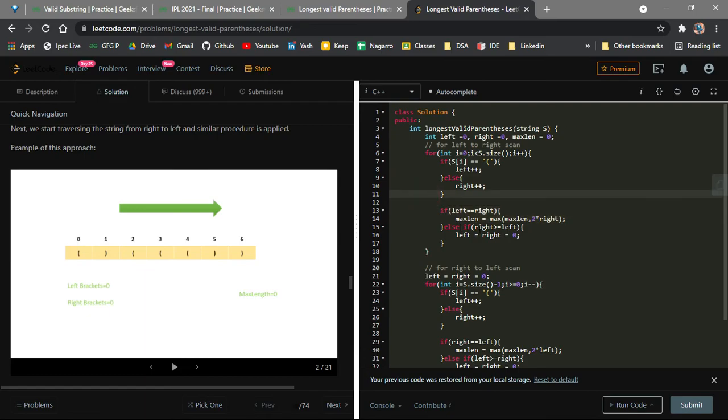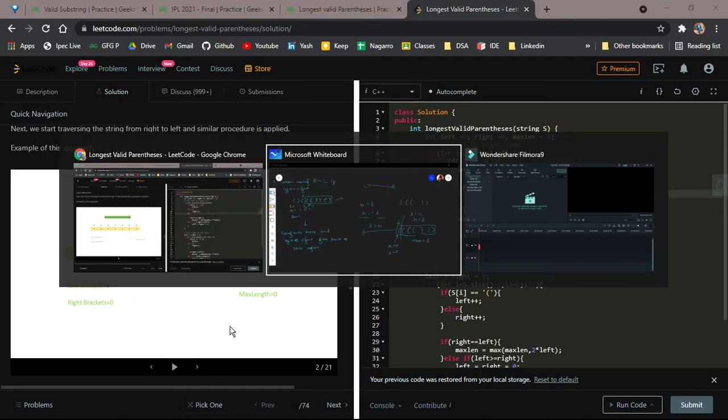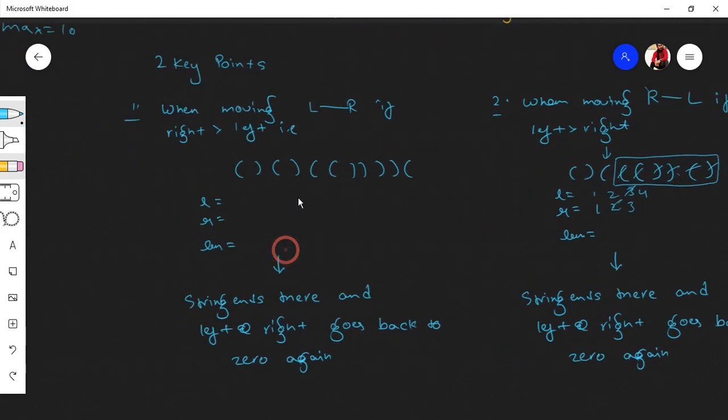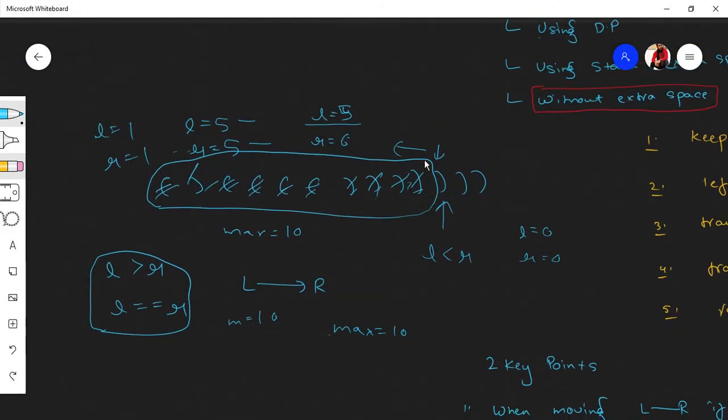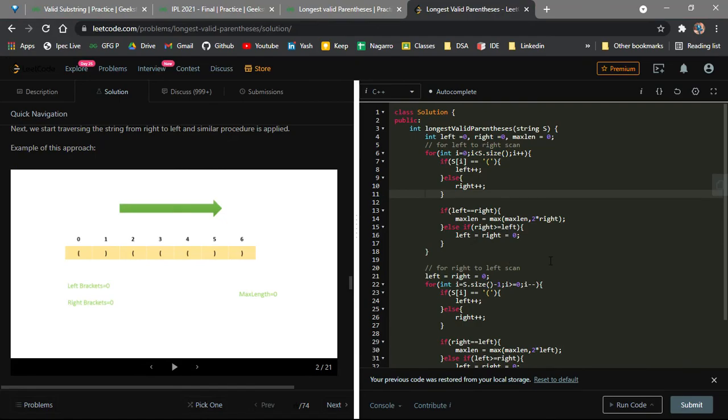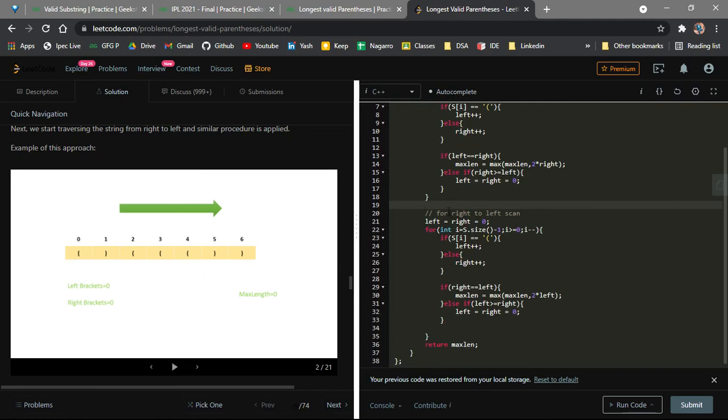Else if right goes greater than left, like I've shown you in this example, we just break at that point, and we make left and right equal to 0. Same thing with right to left scan: just make right and left variables 0 again.